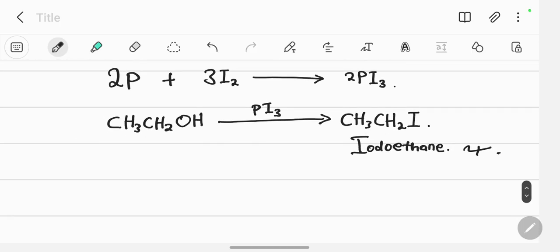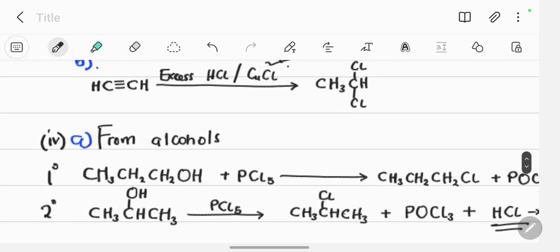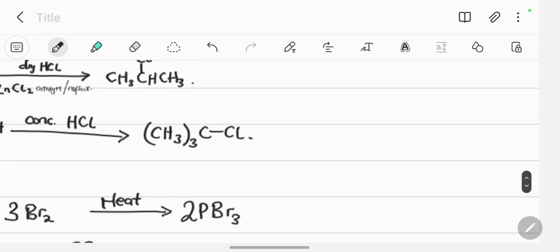So we move on to the next one, which is preparation from aldehydes. Is it preparation 5? Yeah, this one was 4.